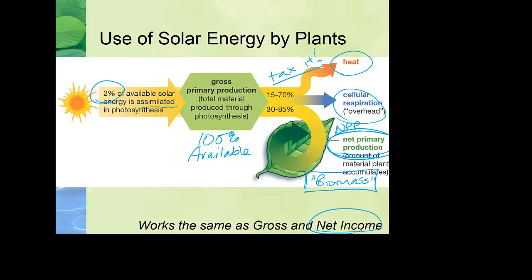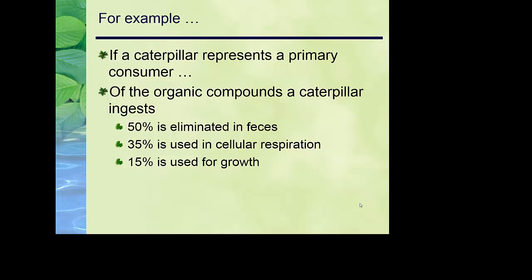Okay, so this works the same way with plants. What we're interested in is this net that we have available, because our caterpillar can't eat that tax. It eats instead that net availability or net biomass in our plants.